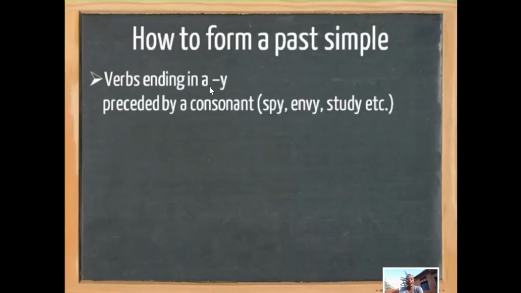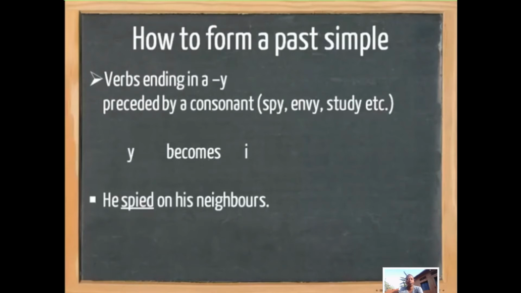When the verb ends in y preceded by a consonant, we change y into i, then we add ed as usual. For example, he spied on his neighbors.